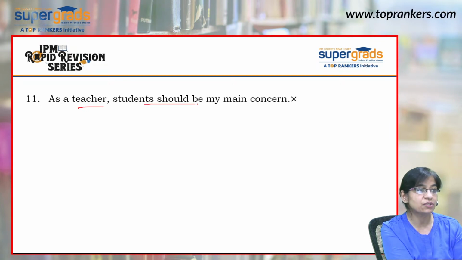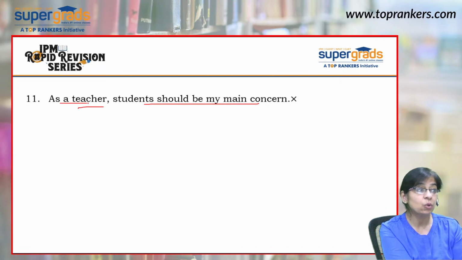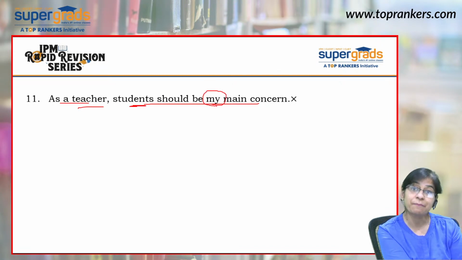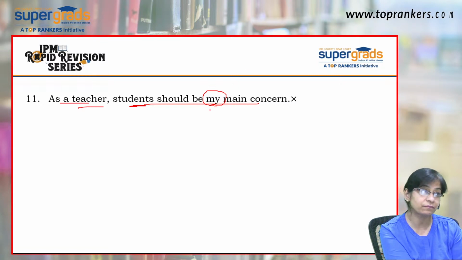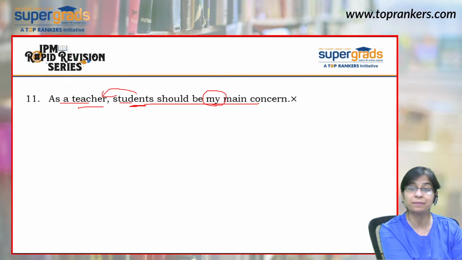As a teacher, students should be my main concern. Now let's see. Who is a teacher here? Is this a student or is it this my who's the teacher here? So what is wrong in this sentence? The word student should not be placed next to this expression as a teacher.